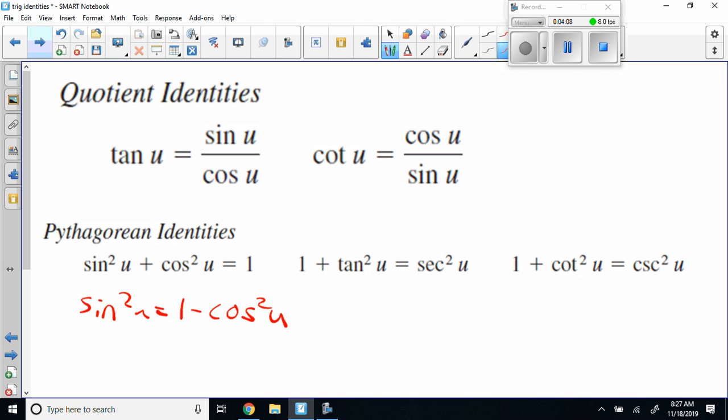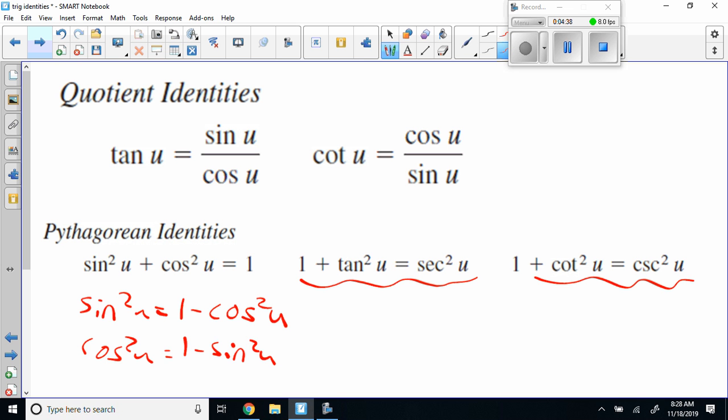So those are things, if I were you, on my identities, I would write the different combinations here. I'd write cosine squared u equals 1 minus sine squared u. I'd have all 3 of those right there because all 3 of those are the same thing. But if you're not familiar with those, your brain's not going to go there. Okay? Same thing for here, as well as that, right?